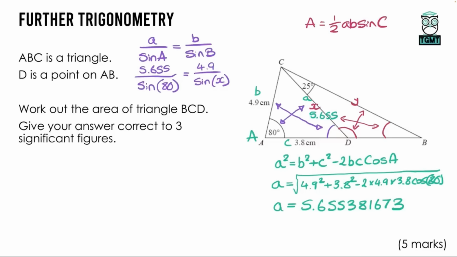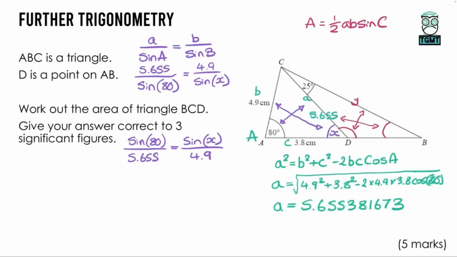But we can just flip them over at this point. It doesn't matter, you can either do it in the first place, or you can flip it over at a later stage. So I'm going to flip it over now. So we have sine 80 over 5.655 is equal to sine x over, and let's just go with the 4.9. There we go, I've labelled that x. I should probably get rid of the x now because I don't want us to get confused with the side length.